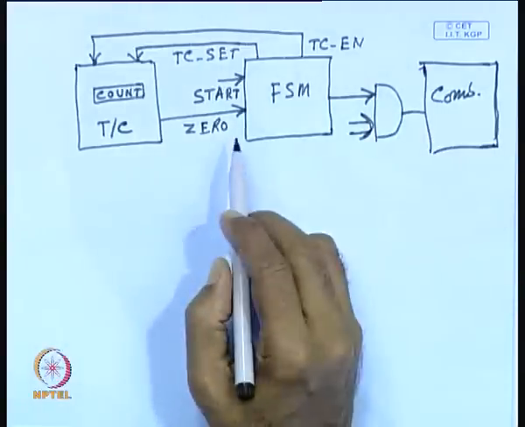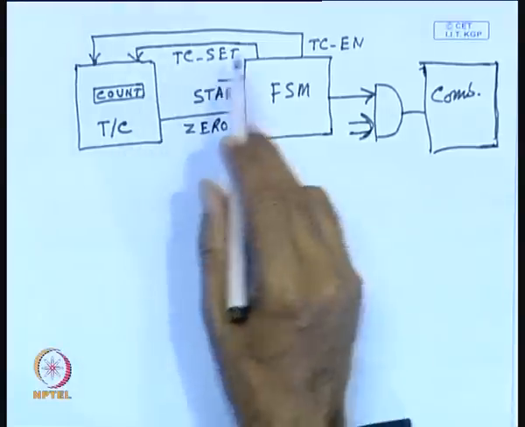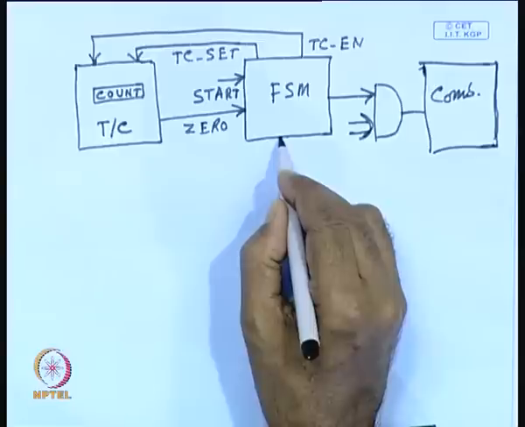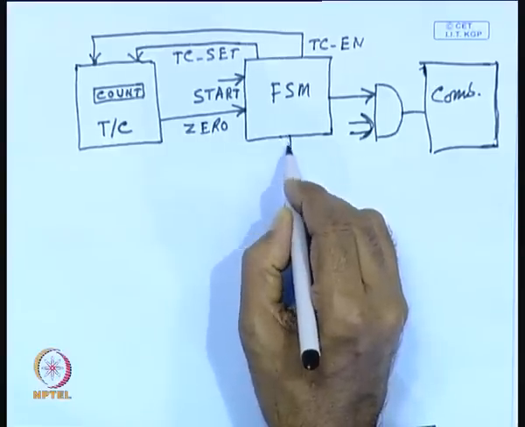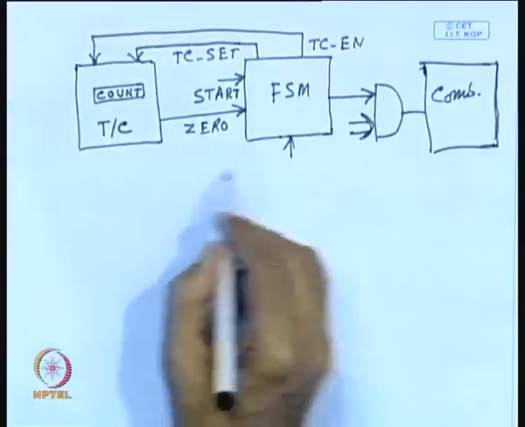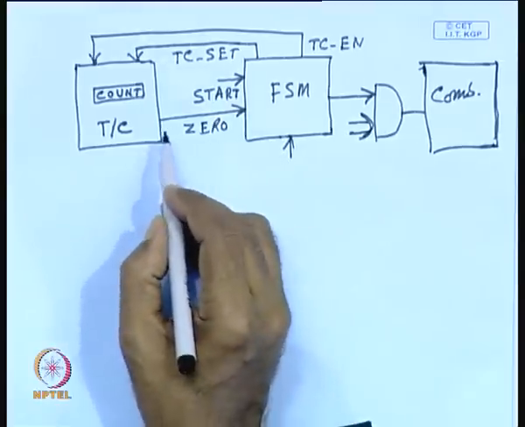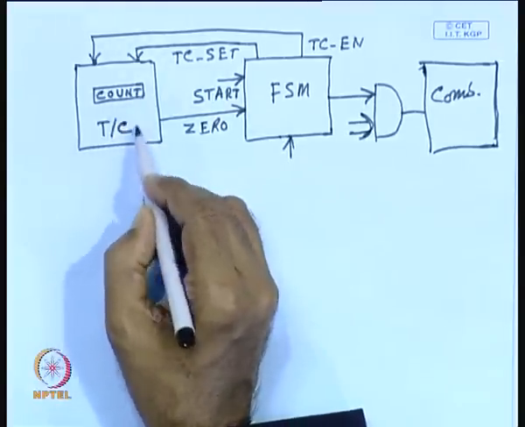So, you can see a lot of power saving can be done, and this finite state machine also is clock gated, as I have told. You will be applying clock gating to it, and this finite state machine will remain in the wait state as long as this countdown takes place.